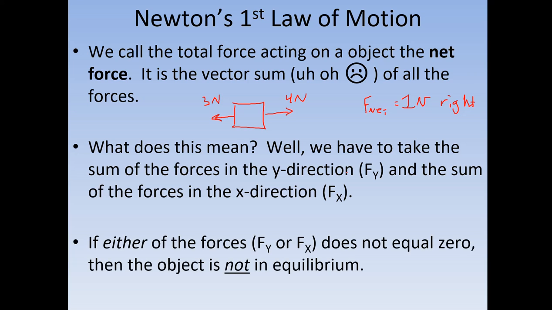We'll end up dealing with that stuff later on, but the main thing is that if either the y side or the x side does not end up equaling 0, then the object cannot be in equilibrium. So it's only in equilibrium if it's balanced horizontally and it's balanced vertically. Most of the time, there's only going to be one direction where it could be unbalanced.